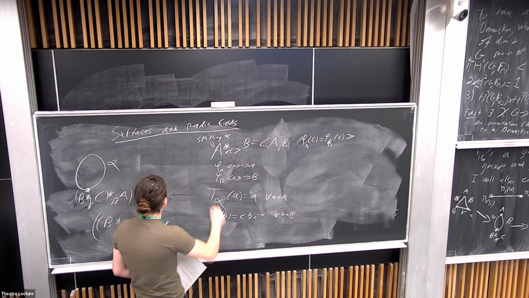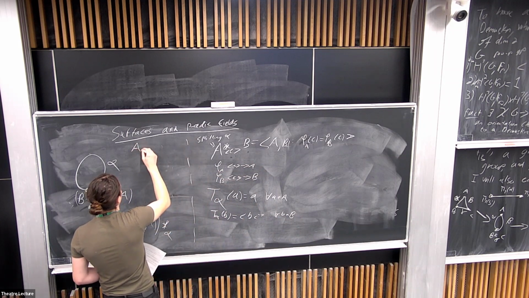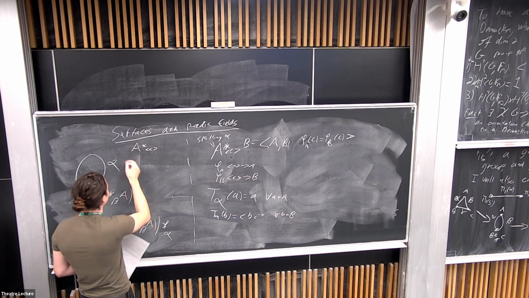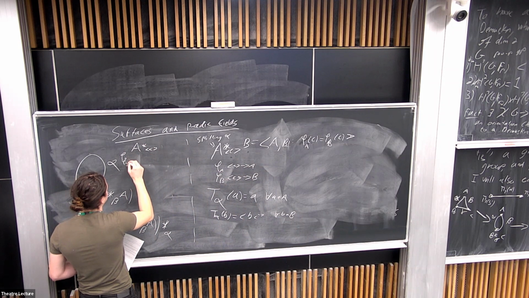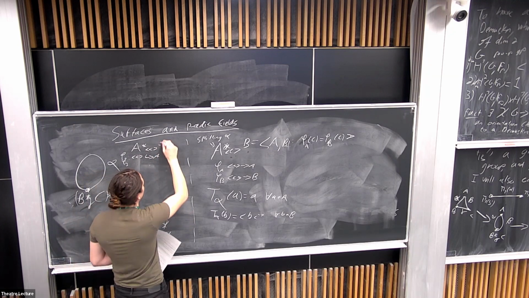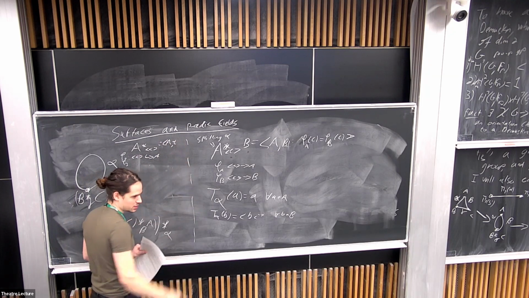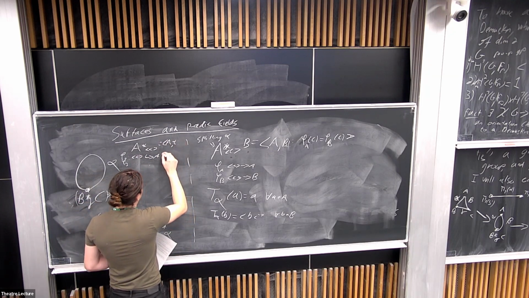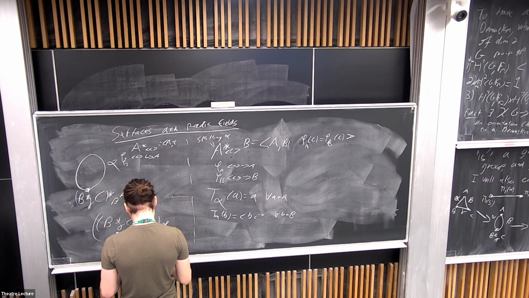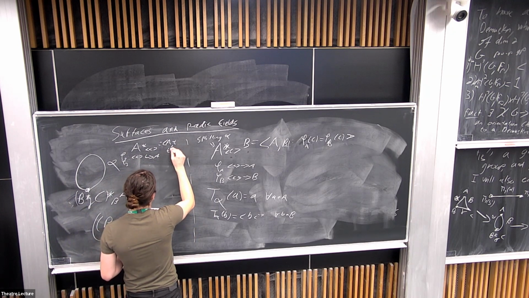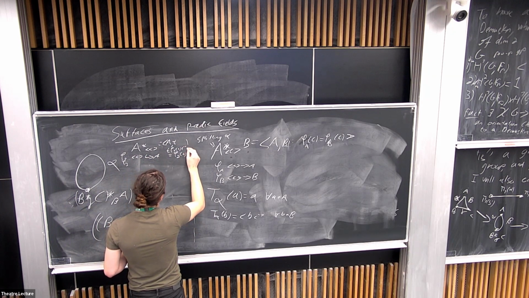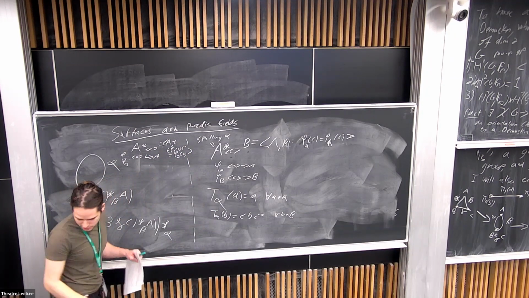And for an HNN extension, suppose I have A, C, and I have two maps into A, phi 1 and phi 2, both maps from C into A. So the HNN extension would be the thing generated by A and this extra generator T. And the relation would be that T phi 1 of C T inverse is equal to phi 2 of C. So we have this relation.